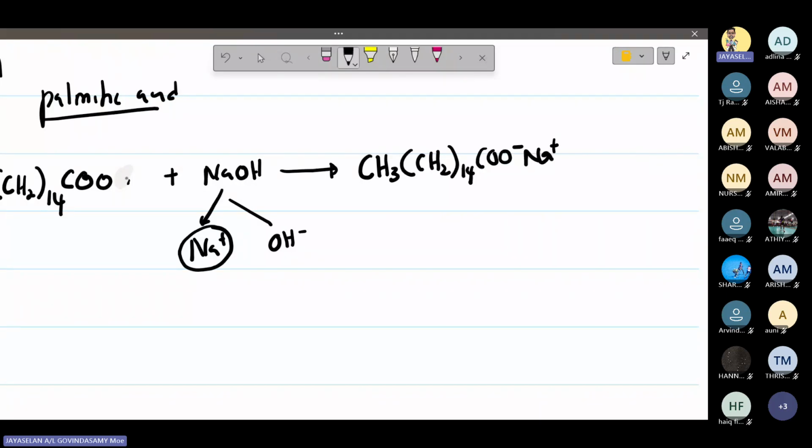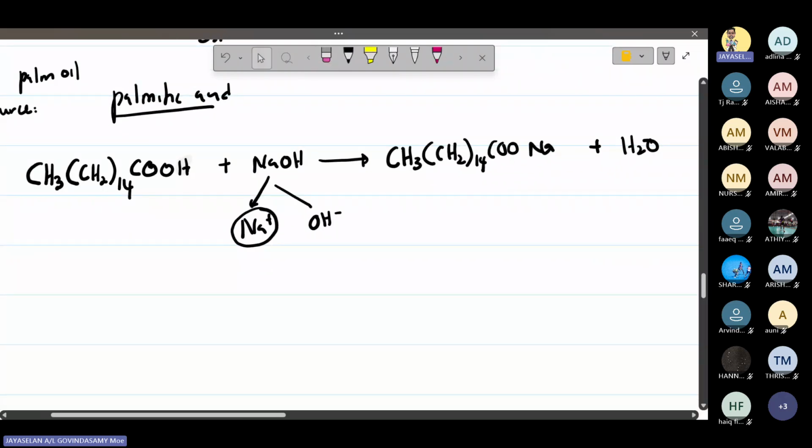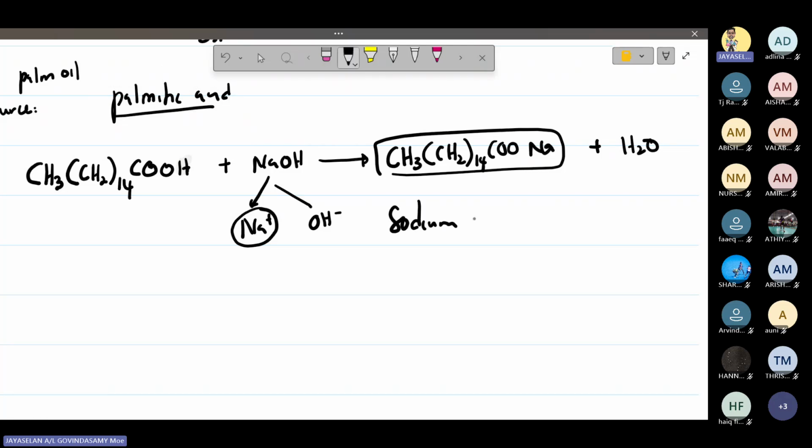And you got hydrogen, so then you will get water, H2O. Then you can erase the charge. This is the soap you will get. Any question? What is the name of this soap? Sodium palmitate soap. Any question?